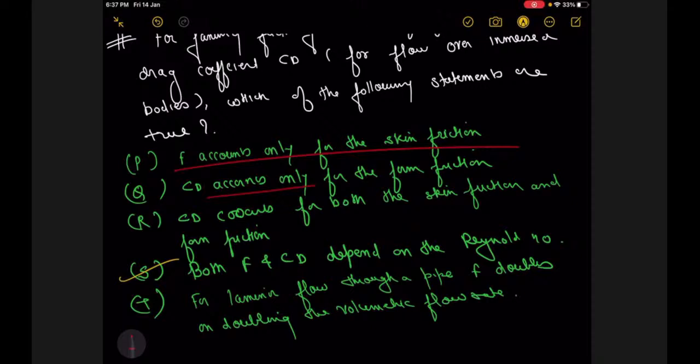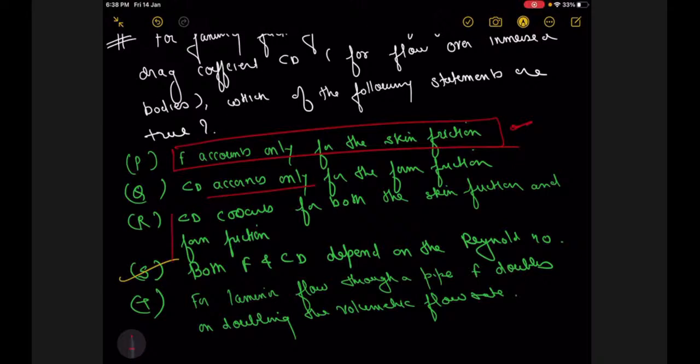So now you tell me which one is correct. F accounts for the skin friction, yes, this is correct.